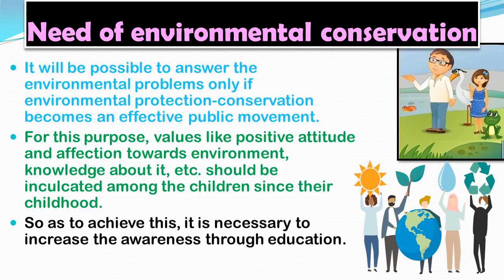So as to achieve this, it is necessary to increase awareness through education. Education is a platform where we can educate the children from their childhood about environmental conservation, so it will become easy to understand how environmental conservation should be done.